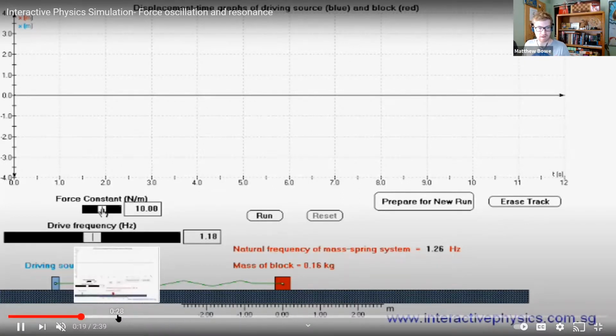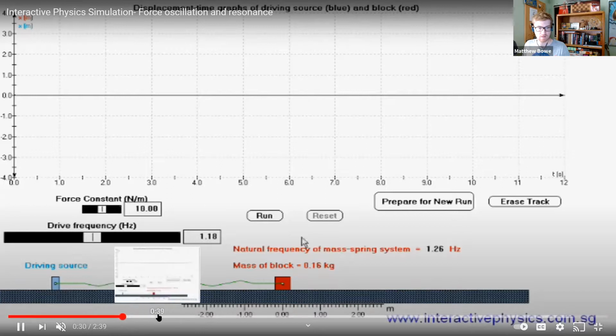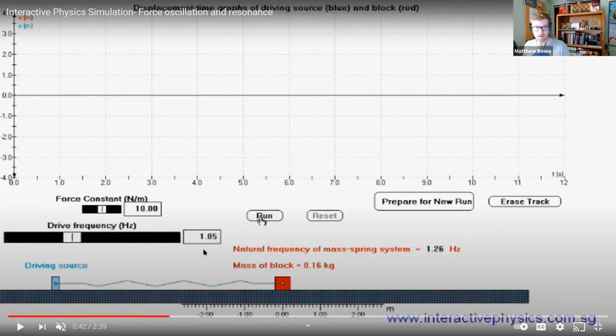So if they have a drive frequency right here, the drive frequency is lower than its natural frequency right here. Its natural frequency is 1.26.